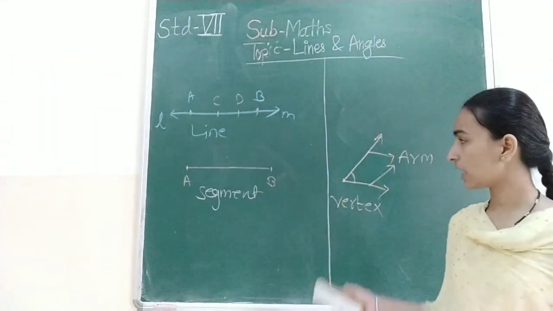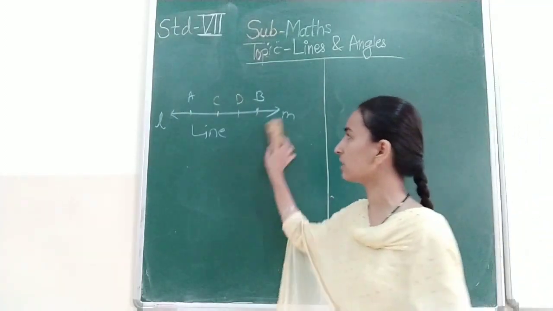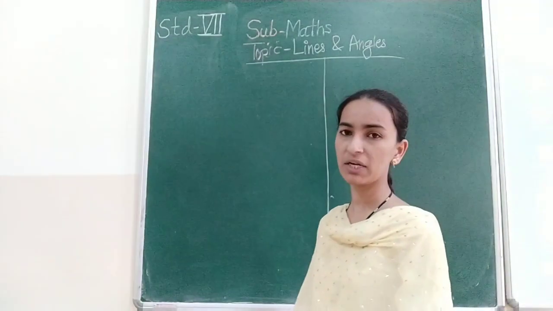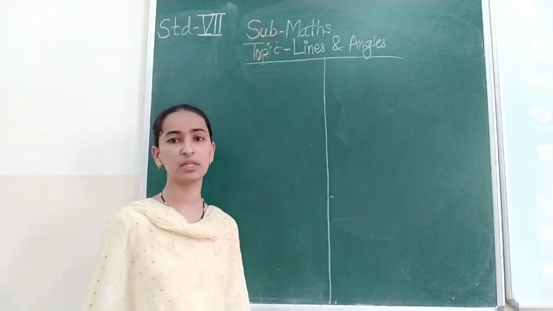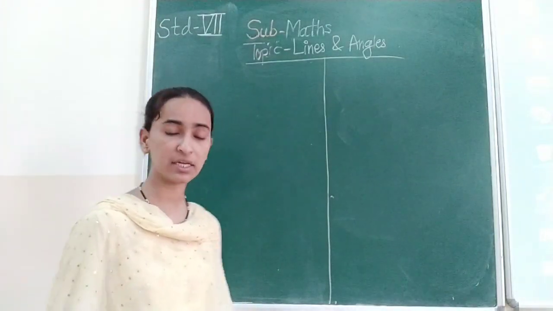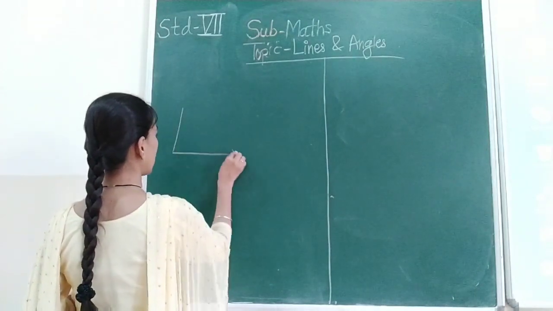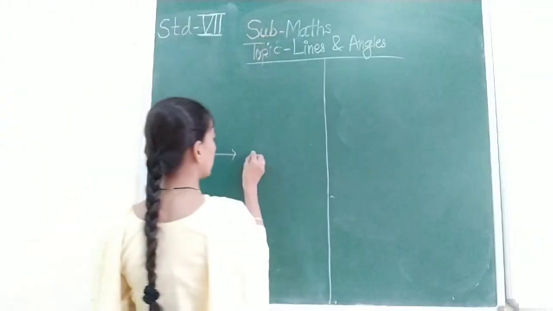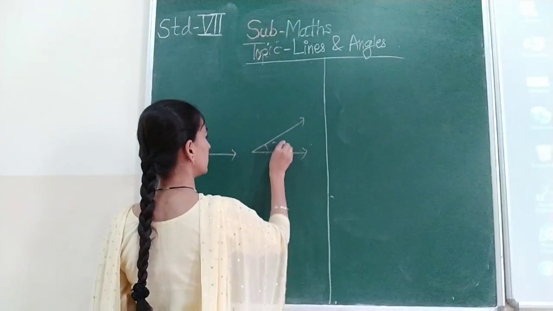Which are the types? First we have seen the complementary angle. Complementary angle means when two angles measure 90 degrees. Suppose this angle is of 60 degrees, and my next angle is of 30.